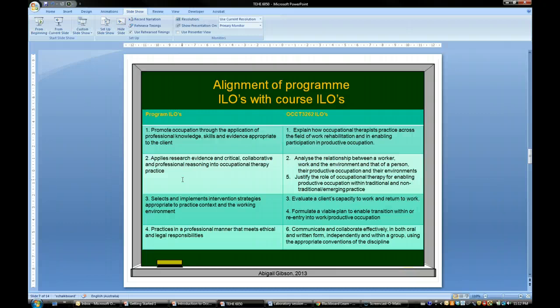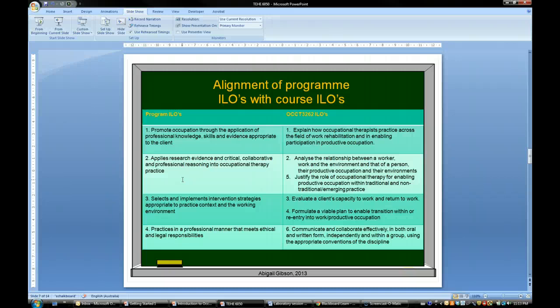Now, I think that the second and the fifth learning outcome really reflect those program learning outcomes.